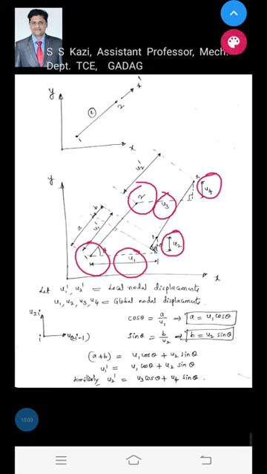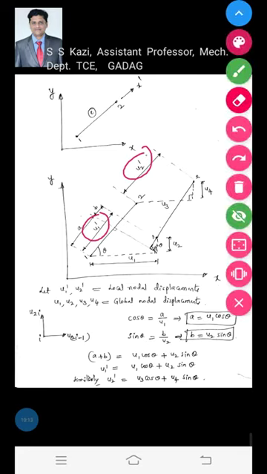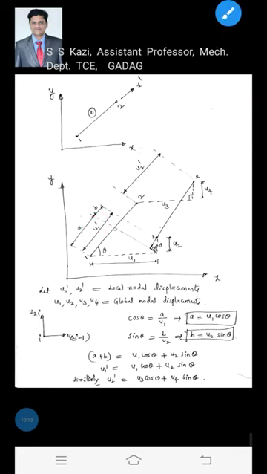Locally, in local coordinates, each node has only 1 degree of freedom, that is one unknown, u1 dash and u2 dash at each node. Here u1 dash and u2 dash are the local nodal displacements, and u1, u2, u3, u4 are the global nodal displacements.